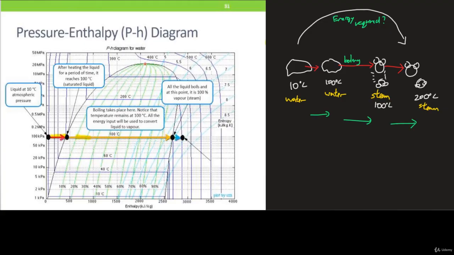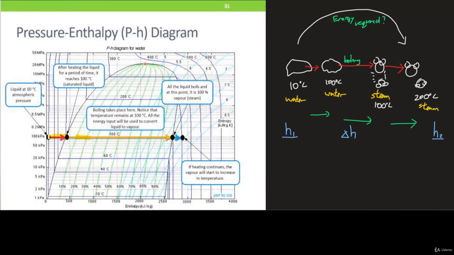If we want to know how much energy we really need for this whole process to take place, remember what we are interested in is always the change in enthalpy, delta H. So what do we need to know? We need to know the initial enthalpy, let's call it H1, and the final enthalpy at 200 degrees Celsius steam, we call it H2.